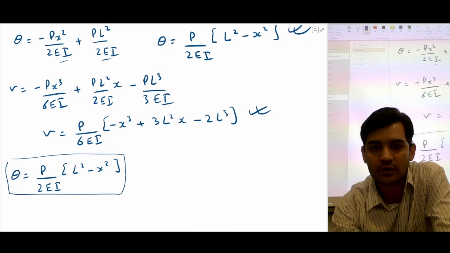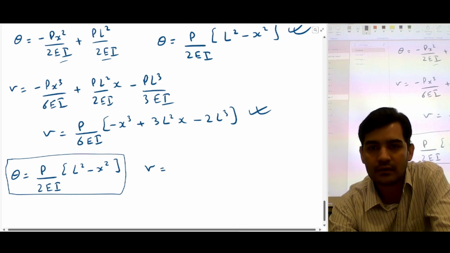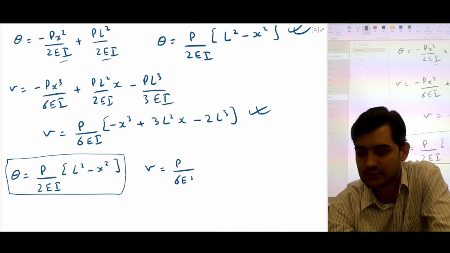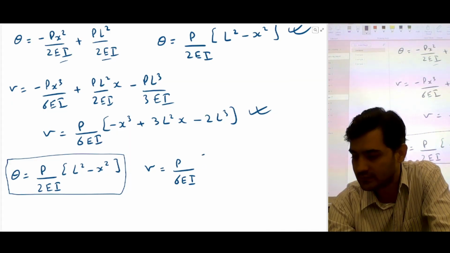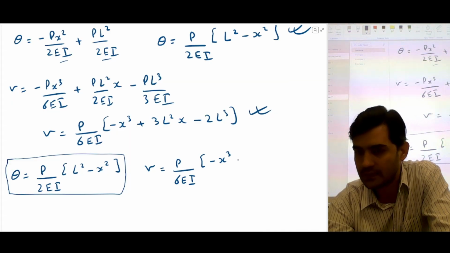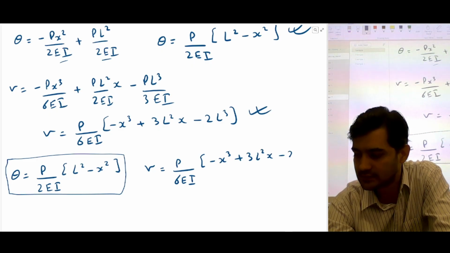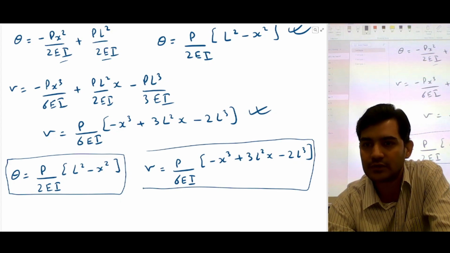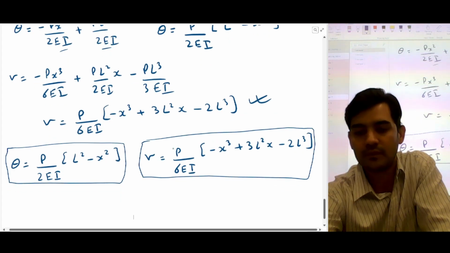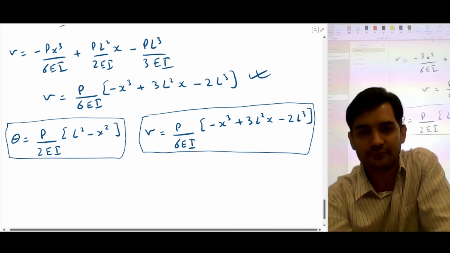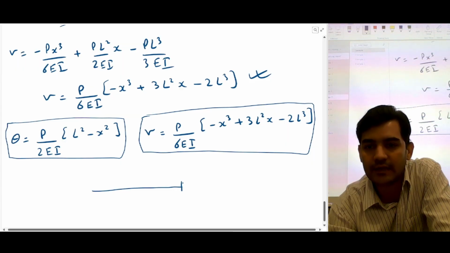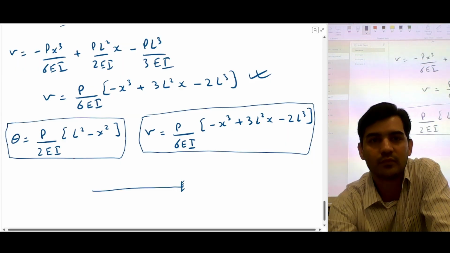This is our bending angle, and the displacement we got is P over 6EI into minus x cube plus 3L square x minus 2L cube. This is for the displacements. So if we have some values for the cantilever beam, then we can solve.